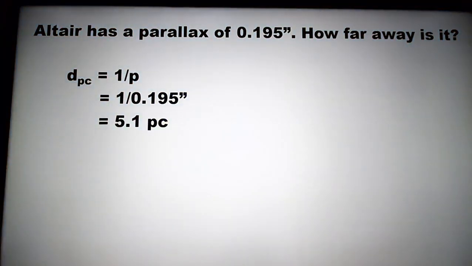Notice that mathematical calculations are actually deductive reasoning. When I ask you the question, Altair has a parallax of 0.195 arc seconds, how far away is it?